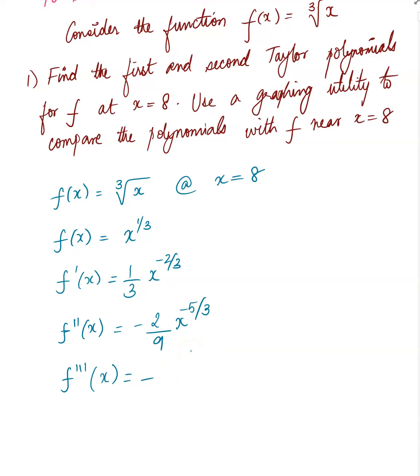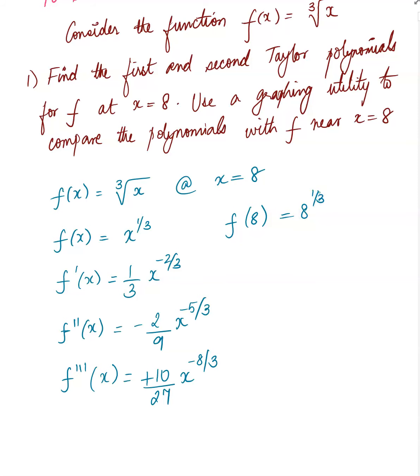That's going to be negative 2 over 9 times negative 5 over 3, so that's positive 10 over 27, x to the power negative 8 over 3. Actually, we just need 2, I think, because we're just doing the first and the second Taylor polynomial. No harm. We'll go ahead and find f of 8.